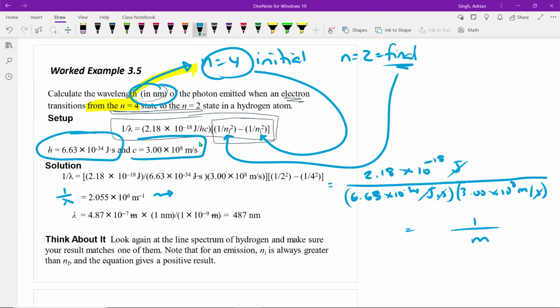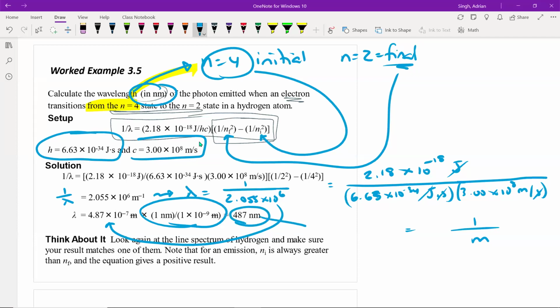So lambda would be equal to 1 over 2.055 times 10 to the 6th, and that gives us this number here, 4.87 times 10 to the negative 7. We convert from meters to nanometers, we have a metric conversion, and then we can go ahead and solve. So we get 487 nanometers. That makes sense, right? It's in the right ballpark for the wavelength of light in this particular example.